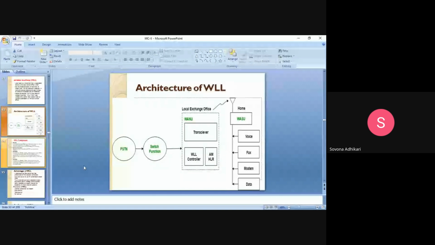You see, there is the PSTN, public switched telephone network, the local exchange office, and we have voice, fax, modem, data, we have a home, and there is a connection from the subscriber home to the local exchange office, and then some switch functions are there, and then it is connected to the PSTN.